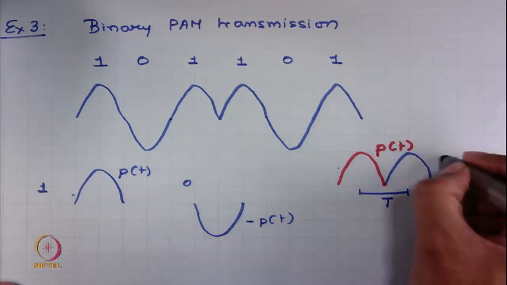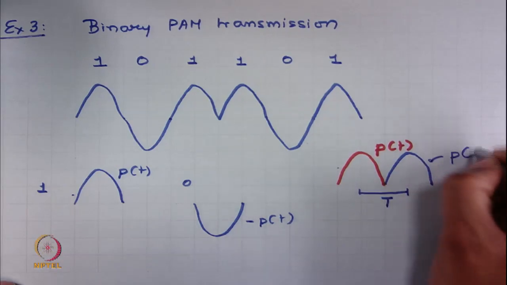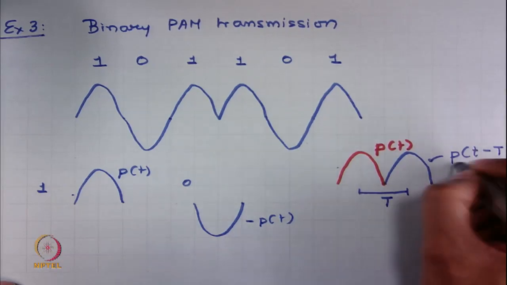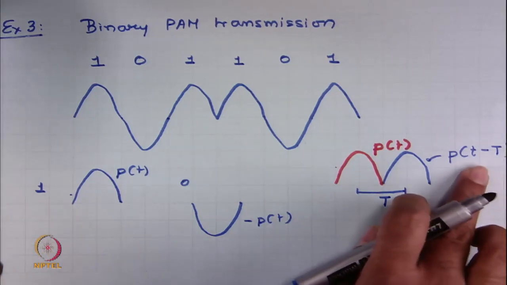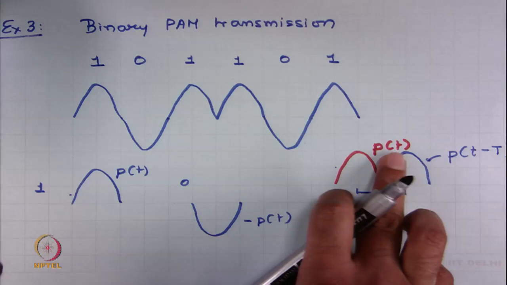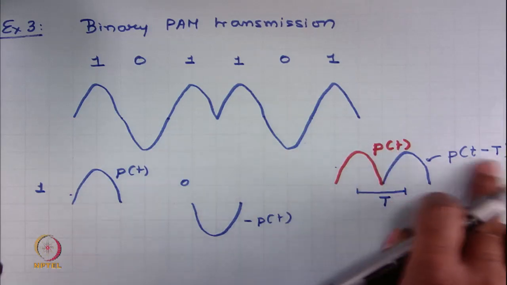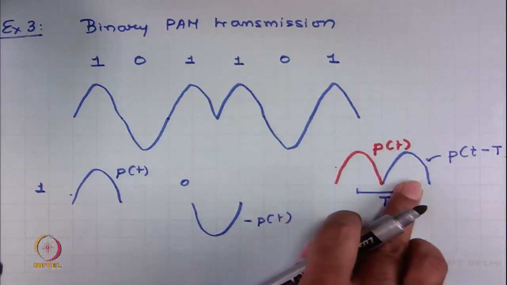So, this pulse can be expressed like this. Okay. I have to shift this p(t), this t should change to t minus T, and then the pulse shifts to the right by T units.